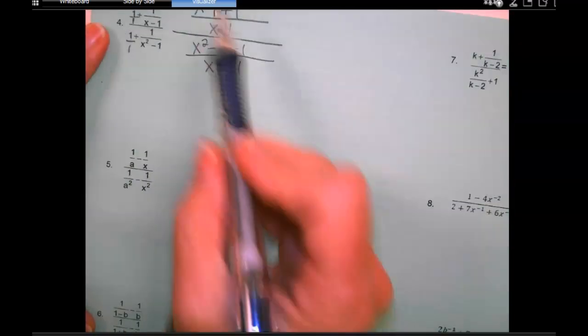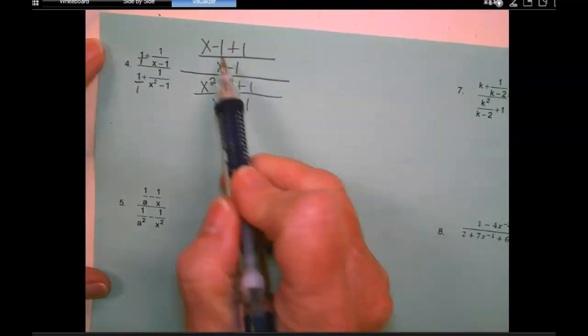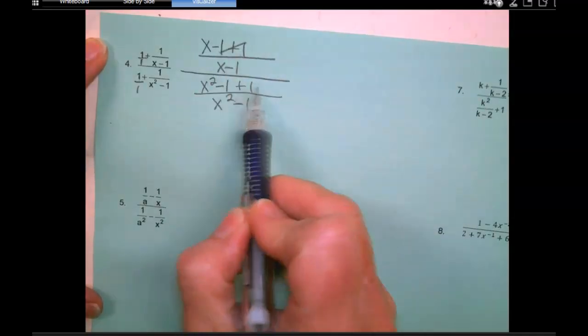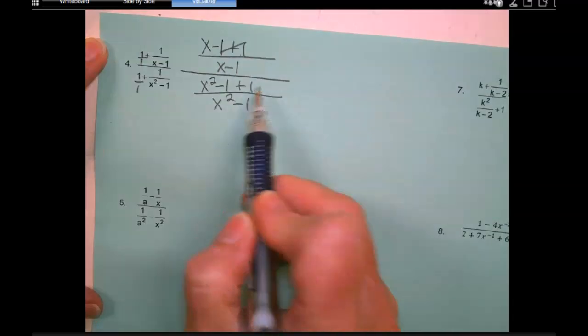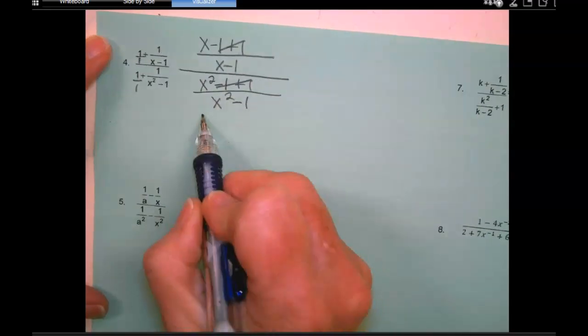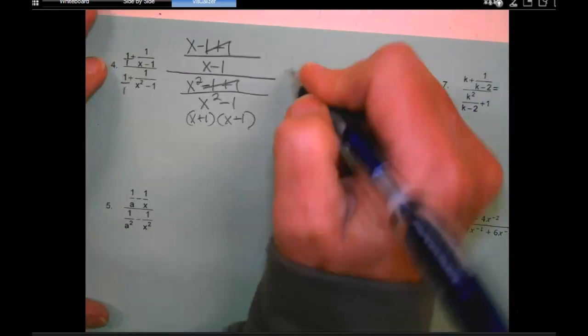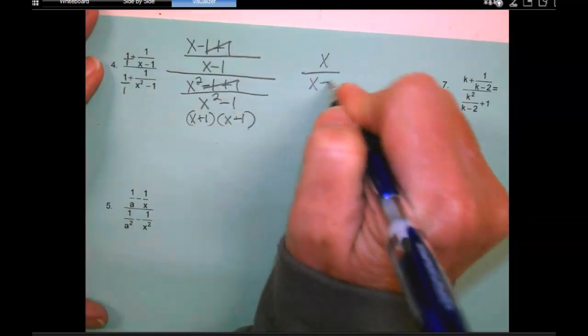All right, so on this side, I have minus 1 plus 1. What happens? All right, and on bottom, minus 1 plus 1. It cancels. So the only thing I need to be careful of, this x squared minus 1. How do I factor that? So on top, I'm going to have x over x minus 1.